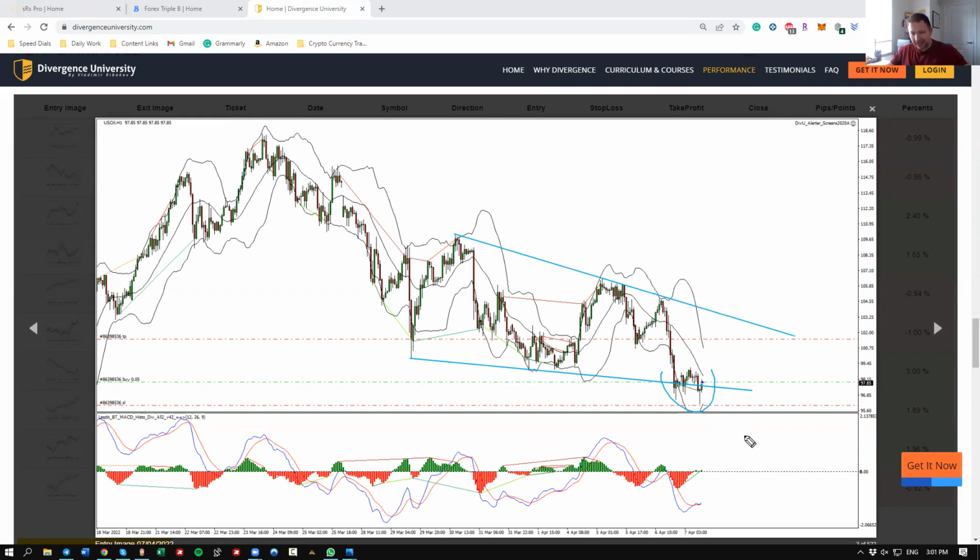Now, what I did love here is the big divergence that we were carrying on a higher time frame, and the last one here, 3 descending waves, another hint that the sellers might be losing control, with a bullish divergence that you can clearly see on the moving average in the histogram. 7 out of 10 times, this is an amazing sign that we will get the bounce back to this falling resistance.